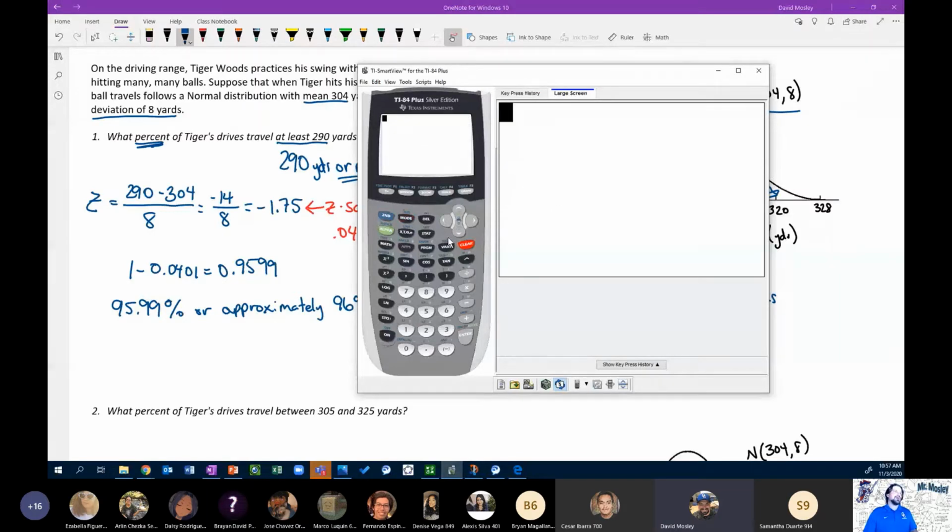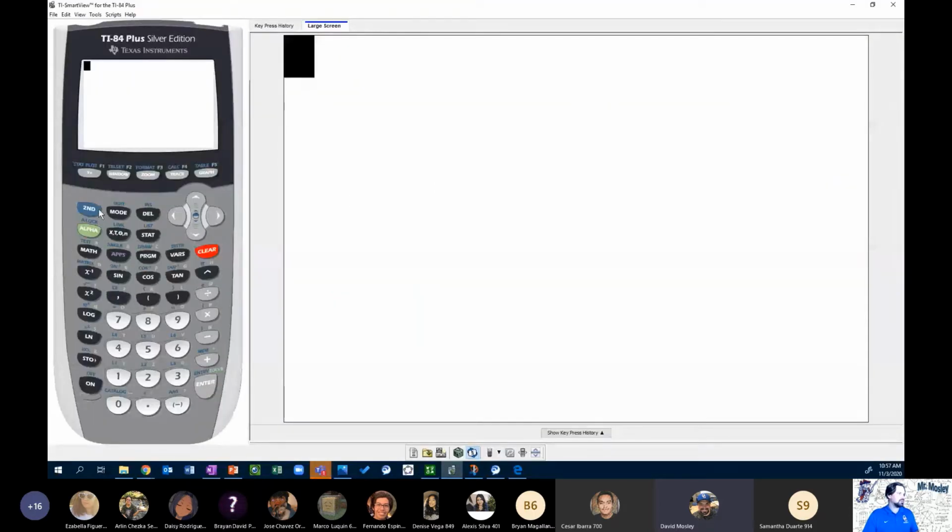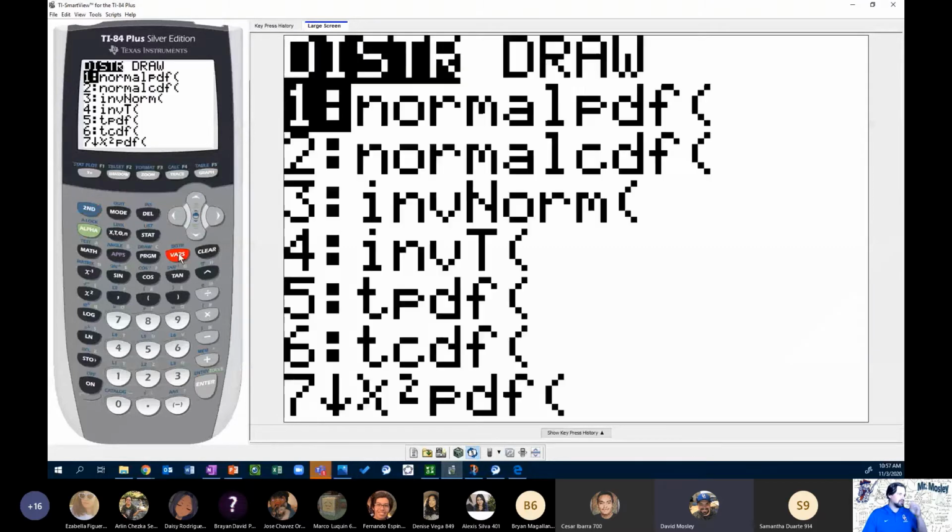All right, so our calculator can tell us the area under a normal curve. With a few clicks here, we'll hit second and var. This var is above it. You see in blue it says DISTR, distribution.